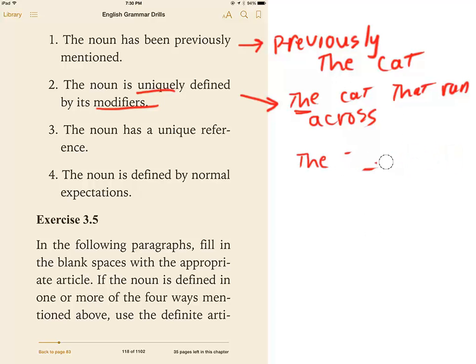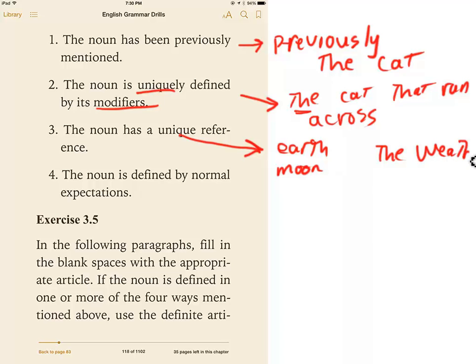Even if it's not the only zoo in the city, if we're just talking about the zoo, okay. And then another unique identifier would be the earth or the moon or the weather, okay? These are nouns that we can use the word the with. It's a unique reference, all right?